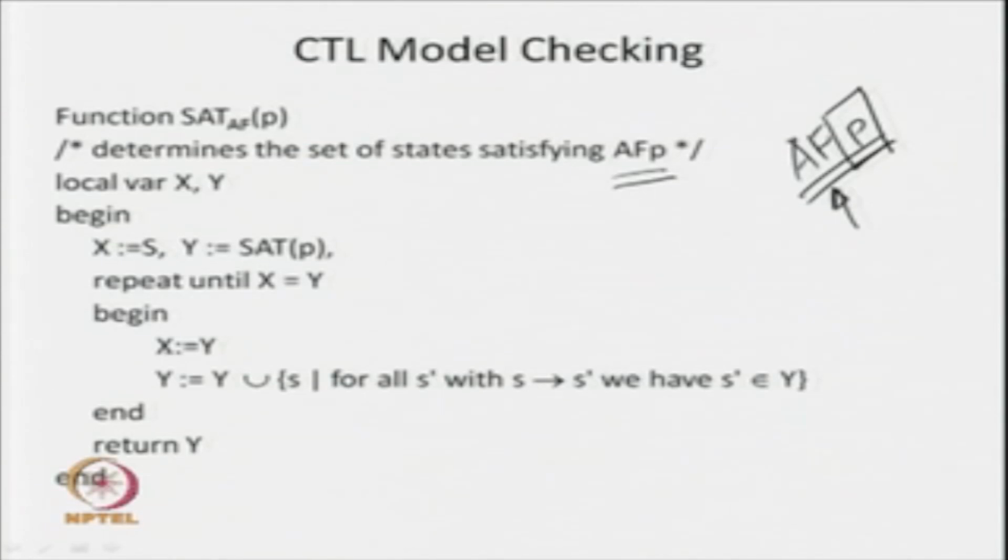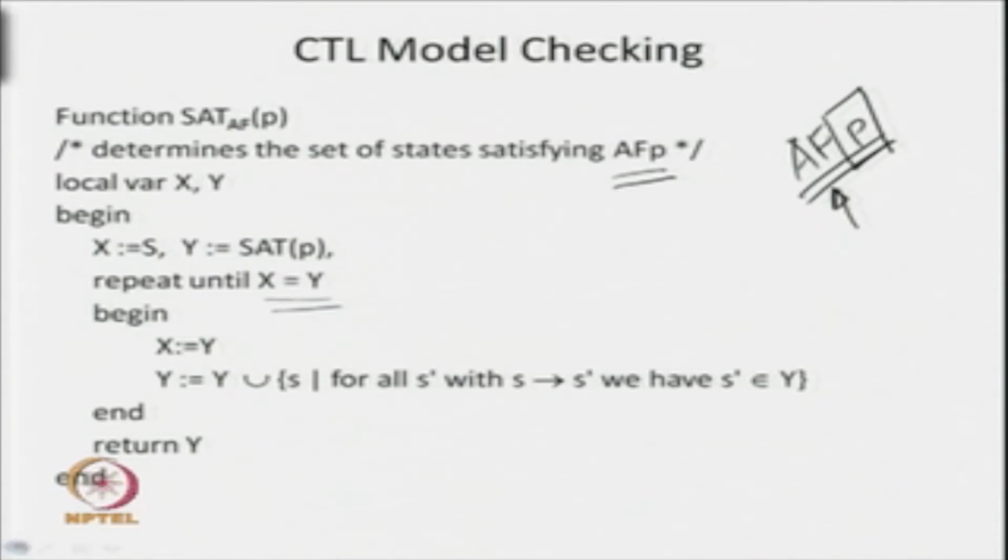Now we do this loop until x equals y. Initially we have some states y where P is true, and x is the whole state space, so they may not be equal at the very beginning, unless all states are marked with P. Until x is equal to y, we repeat. We keep the previous information, because in all states of y, AFP is true.